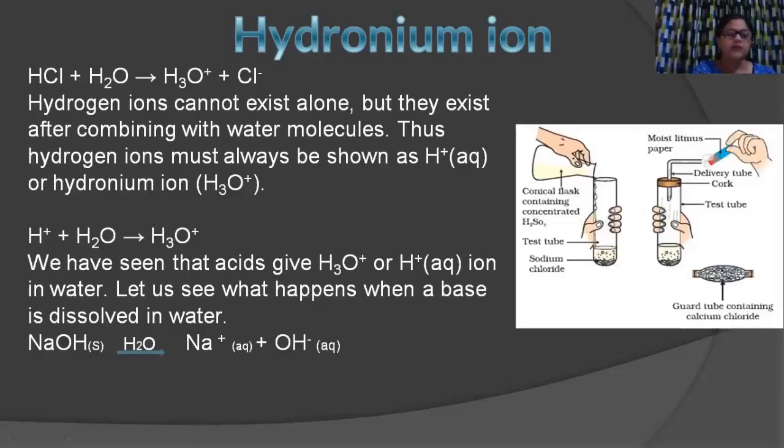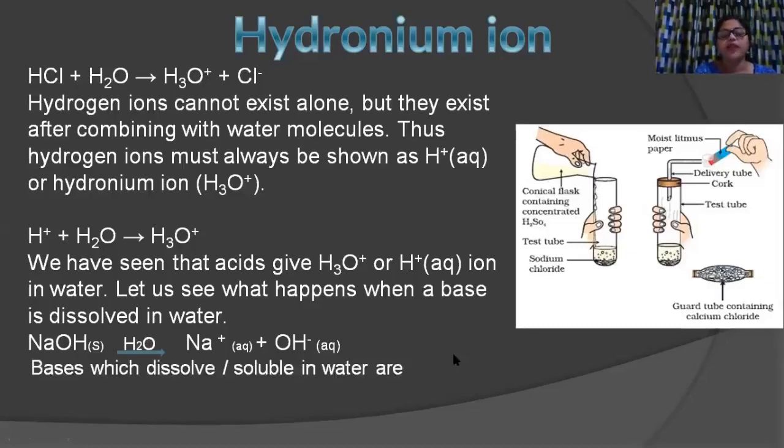Similarly, in the base, hydroxide ion is necessary to show the property of base. I hope it is clear. Hydronium ion is responsible to show the property of acid, and hydroxide ion is necessary to show the property of base.